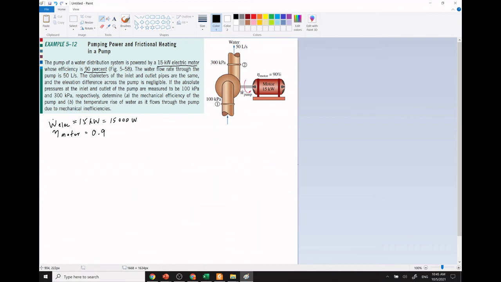And the water flow rate through the pump is this much. The water flow rate is the volumetric flow rate, 50 liters per second, which is 0.05 meter cubed per second.